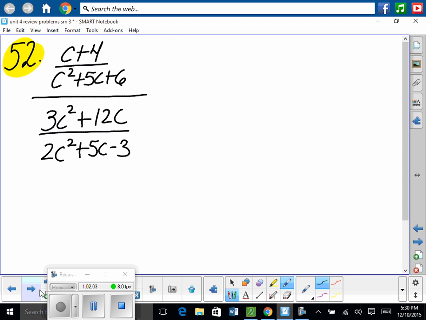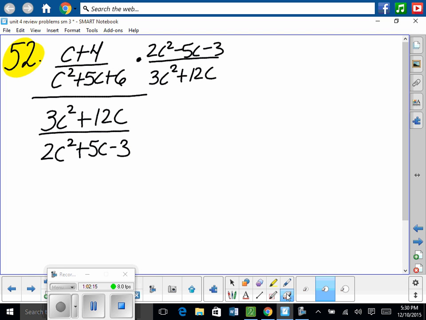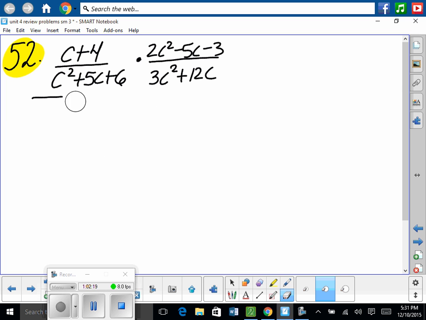Dividing fractions is easy as pie. Flip the second and multiply. So we're going to have 2c squared minus 5c minus 3 divided by 3c squared plus 12c. Now, I flipped the second and multiplied, and now we factor each piece. So make sure you factor correctly. I'm going to just give you the factors because I'm expecting you to push pause and factor yourself.